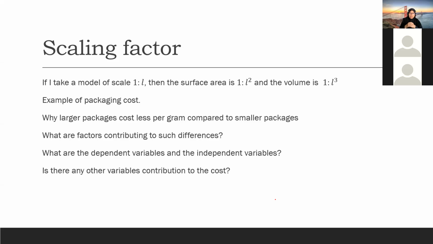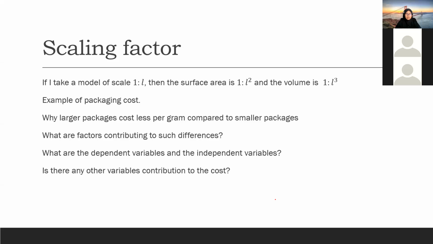Okay, an example is of packaging costs. Let's say why does a larger package cost more? Why does a larger package cost less per gram compared to the small package? It can be true, it can be not true.